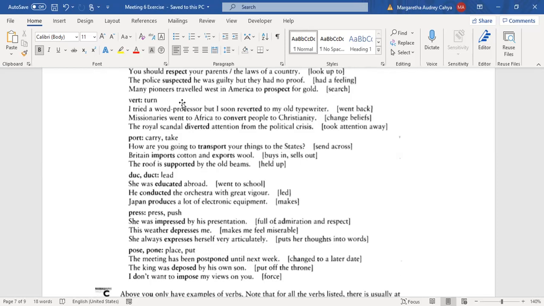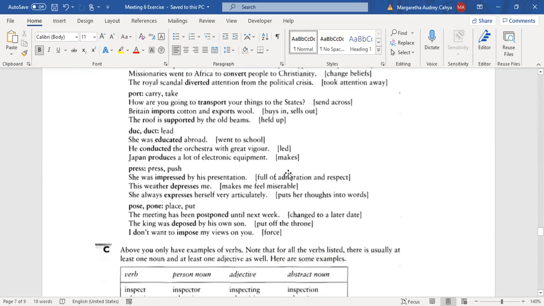Jadi root words itu terkadang ada yang bisa membantu kamu untuk meng-guess, like this first one, reverted, converted, diverted, all of them have like the connection with turn. But the spect one is certainly, well, at least in my opinion, okay, and from what we have discussed, right?